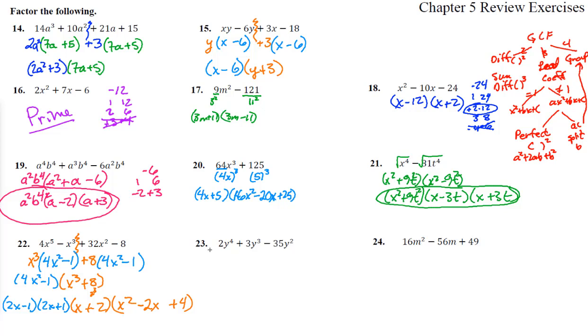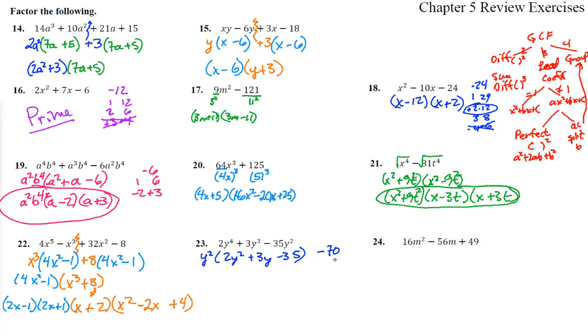Is there a greatest common factor? Oh, it looks like we have y's everywhere. So we're going to take out a y squared and be left with 2y squared plus 3y minus 35. Okay, what's left has 1, 2, 3 terms. Leading coefficient is not equal to 1, so we're going to have to take 2 times negative 35, which is negative 70. Oh, I guess we should have checked to see if this was a perfect square, and neither 2 nor 35 are.